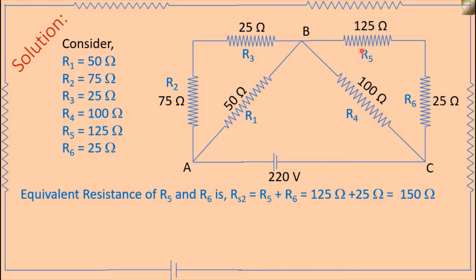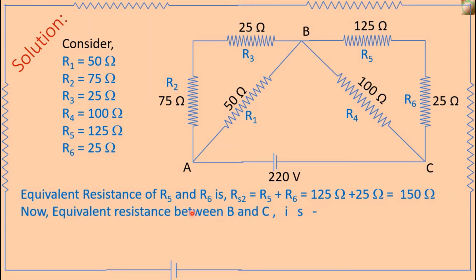So the equivalent resistance Rs2 is equal to R5 plus R6, and here R5 is equal to 125 ohm and R6 is equal to 25 ohm. Therefore, this is equal to 150 ohm. That is, the equivalent resistance of 125 ohm and 25 ohm is 150 ohm. Now we will determine the equivalent resistance between B point and C point.